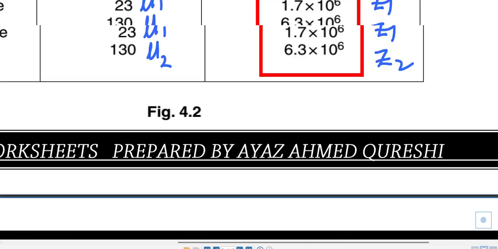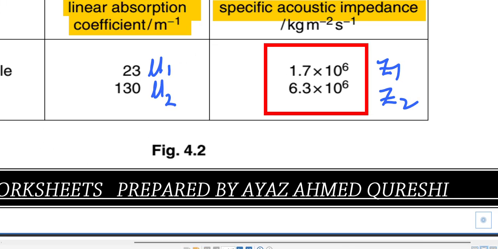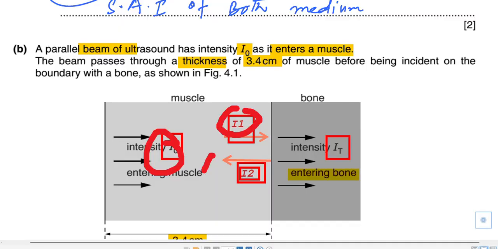This is basically the given in the diagram. Yeah, this is basically that ultrasound which is entering through the muscles. Then it crosses those muscles, then it reaches this point, then it reflects back, and then it passes into the bone.